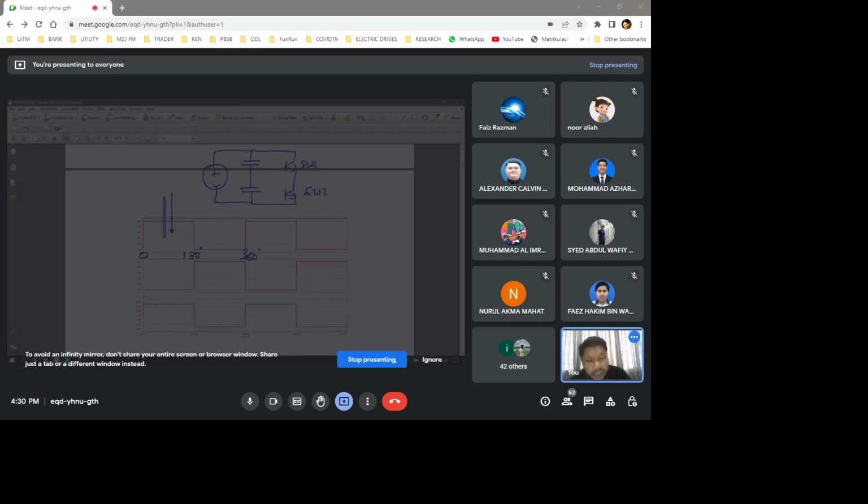And we have a resistor at the center here. Right, let's say switch 1 is on. So the current will flow from here, there to there, and definitely go to there.